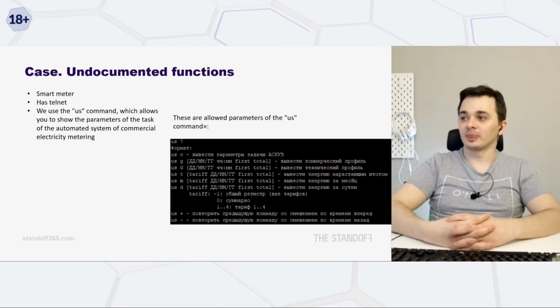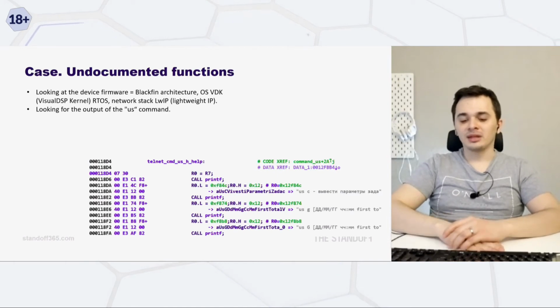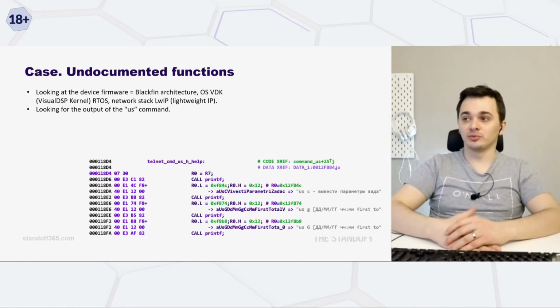So we can use the US command to actually study all the parameters of the command in question. And we can check, for example, what the consumption has been over the last day or last month.